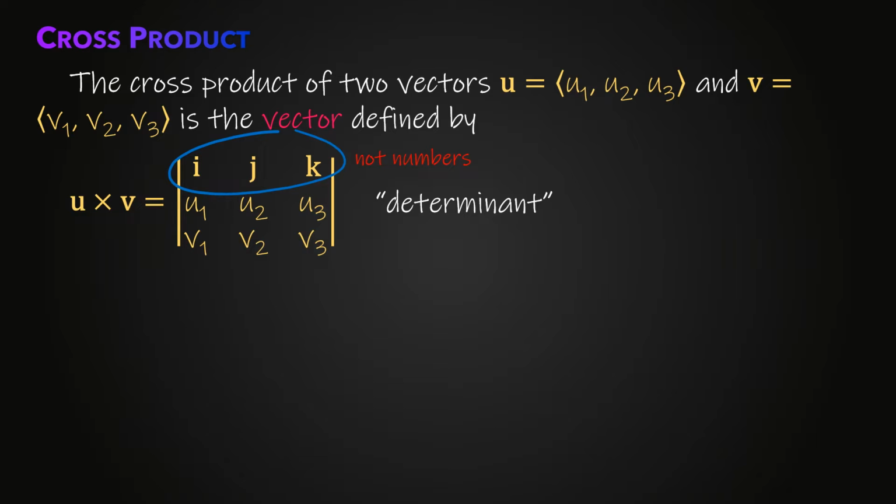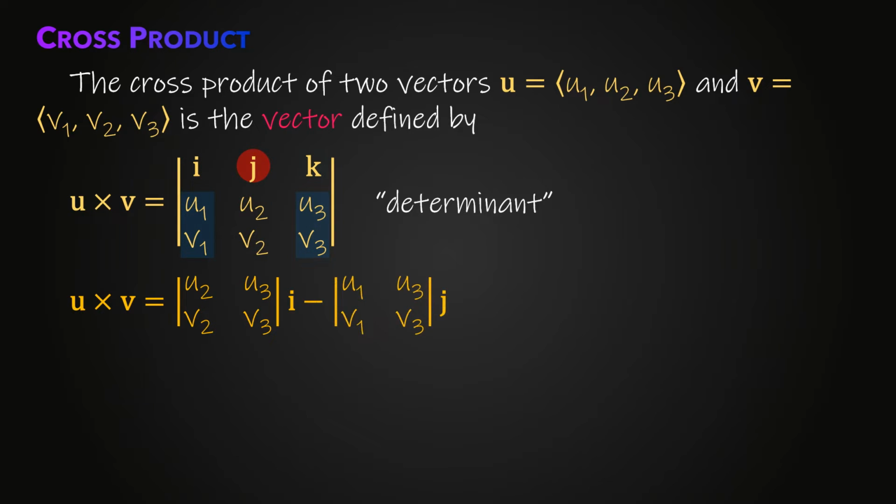That is why this is just a mnemonic device used to remember how to compute the cross product rather than an actual determinant. If we proceed with computing the determinant of the 3 by 3 matrix, the result is a vector that contains determinants of smaller 2 by 2 matrices.